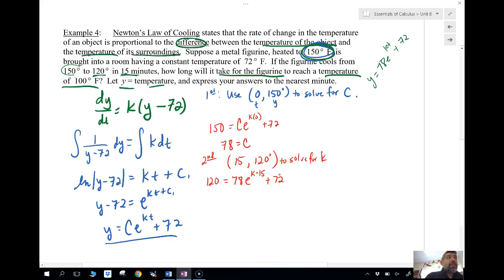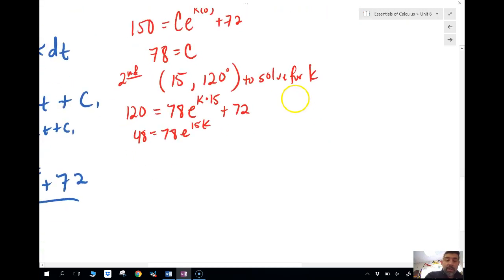We're going to subtract 72 over, so we'll have 48 equals 78 e to the 15k. I'm going to zoom in here so you see my work. Divide by 78, so 48 over 78 equals e to the 15k. Solve for k by taking the ln of both sides, so we have ln of 48 over 78 equals 15k. That gets rid of our e.